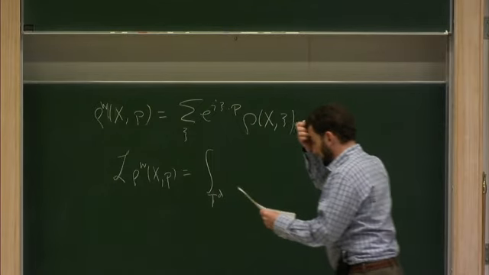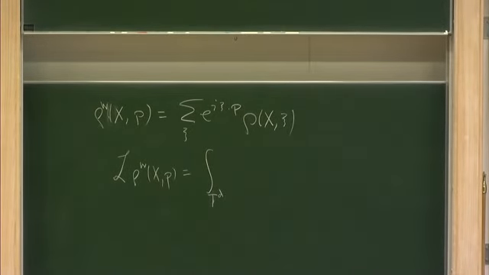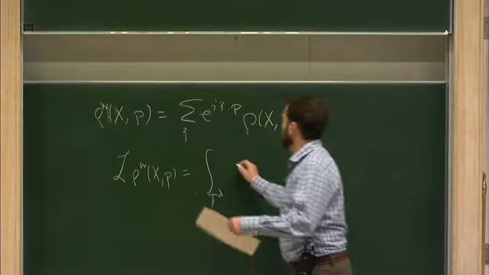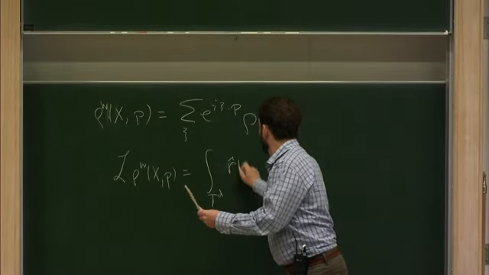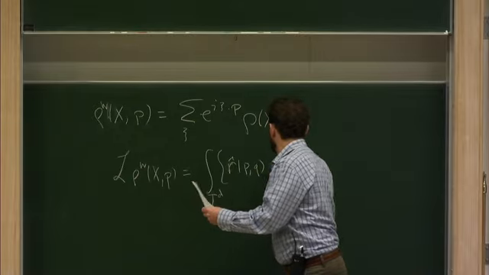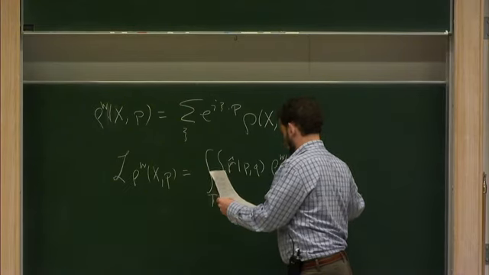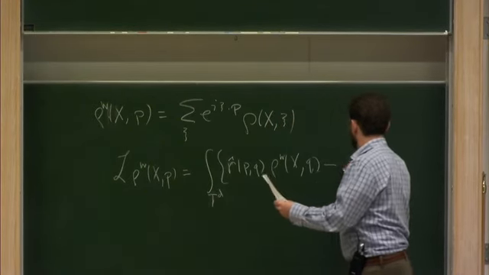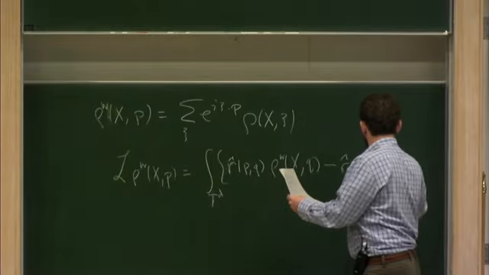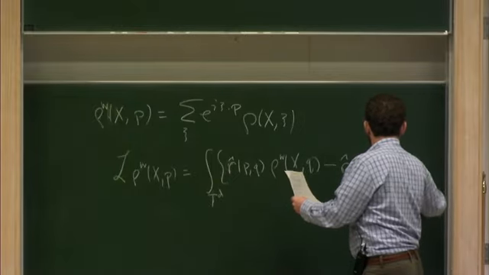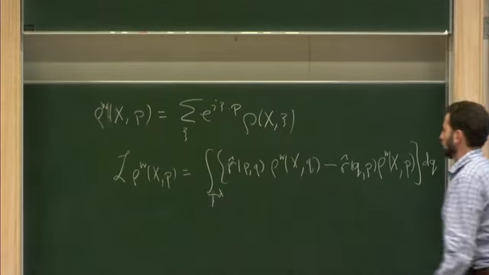Integration over the d torus. So P naturally lives in the torus [0, 2 pi] to the d. Integrating with respect to Q in this expression.